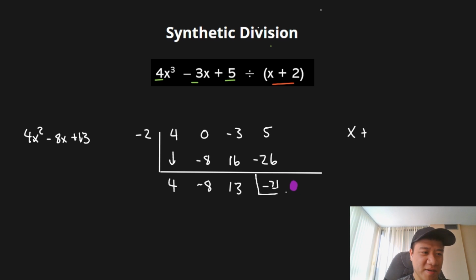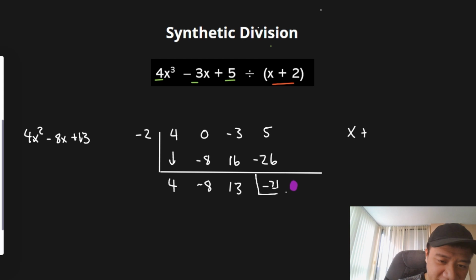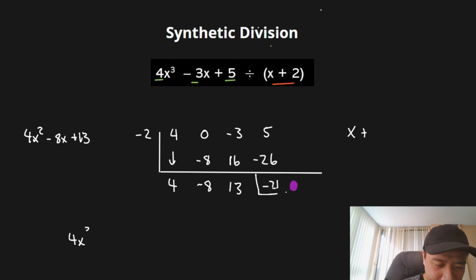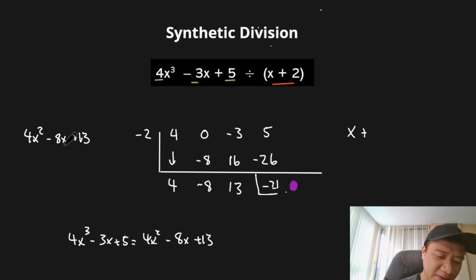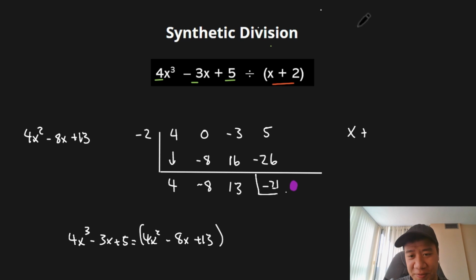So let's write this out like our usual thing. The polynomial we started off with was 4x cubed minus 3x plus 5. Let's write that down here. And that equals our quotient, which is 4x squared minus 8x plus 13, multiplied with our divisor, which is x plus 2.